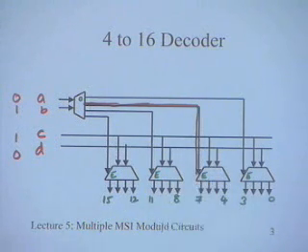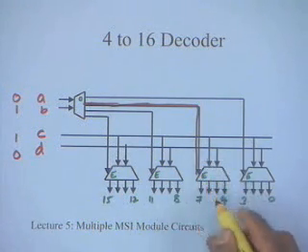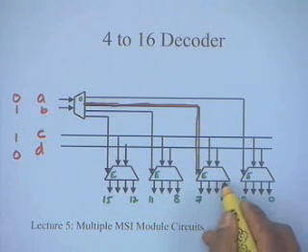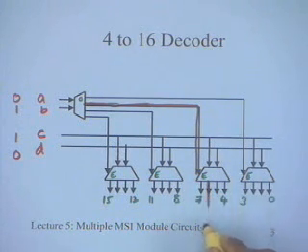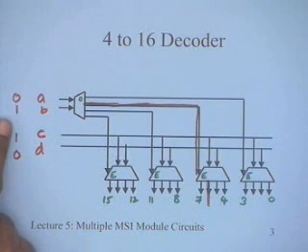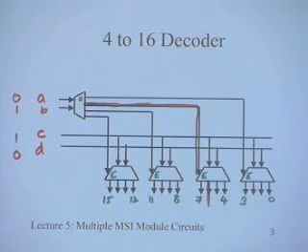Because this decoder is enabled, depending on whether it is 1, 0, this 1, 0 is going to correspond to this particular output, which will be active. So I will be able to decode 0 1 1 0 based on this, and the rest of the outputs will be inactive.